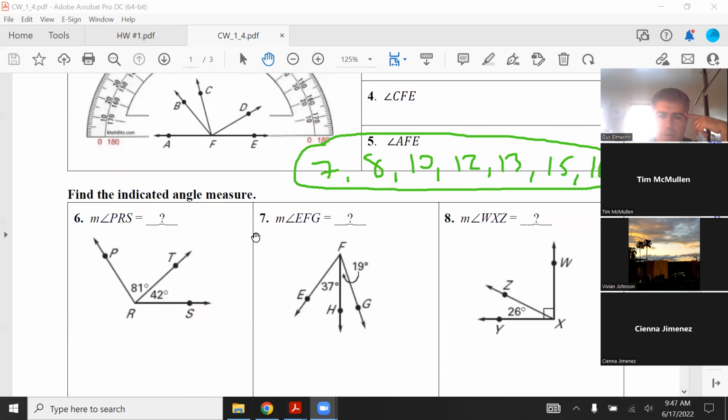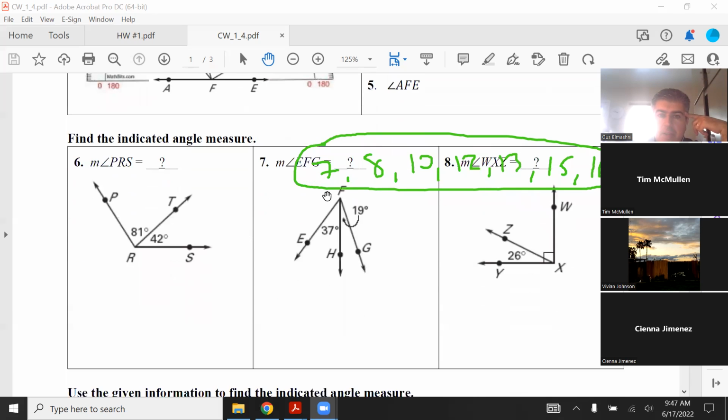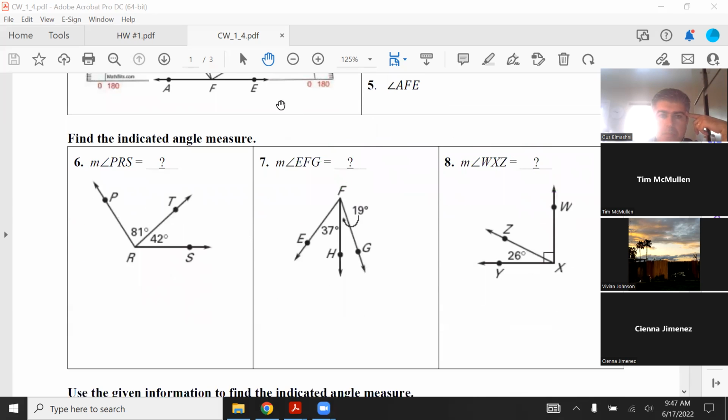Okay, let's start going over this. For number 7, EFG is the whole thing. We got 56. That's 37 plus 19. WXZ is a portion of the big angle. The big angle is 90.